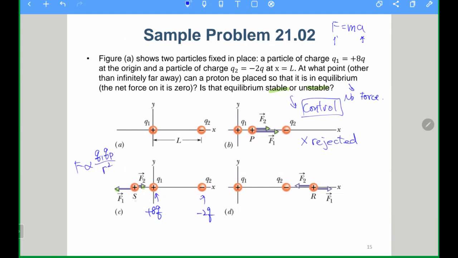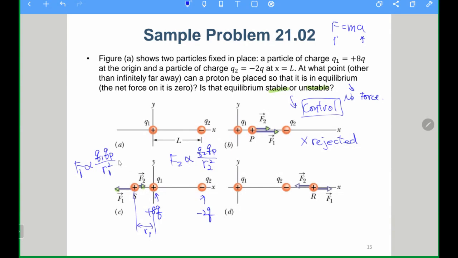Maybe we call this distance R1. So this is F1. We say proportional, so we just ignore the k or 1 over 4 pi epsilon naught. And then F2 is proportional to Q2 Qp over R2 squared.